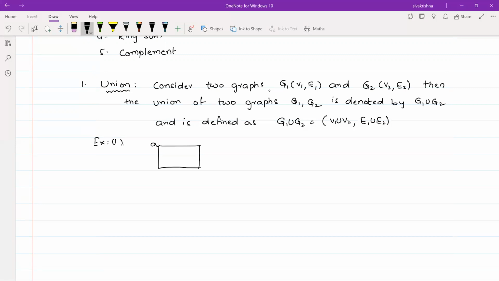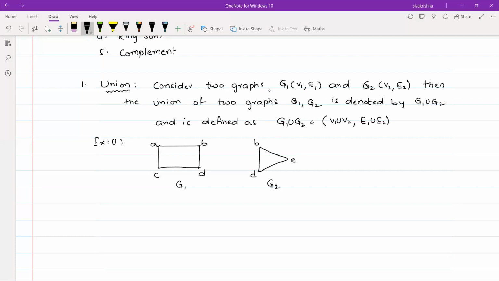Here I am naming the vertices A, B, C and D. So this is graph G1. And now I am drawing graph G2. Once again I am naming the vertices in graph G2. This is B and this is D and this is E. Okay, so this is G2.